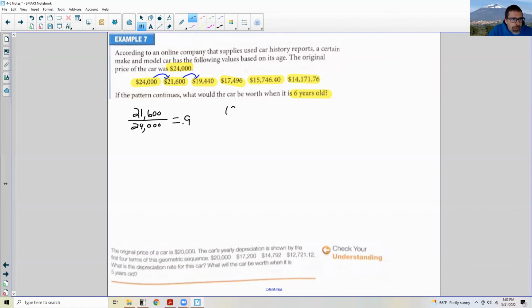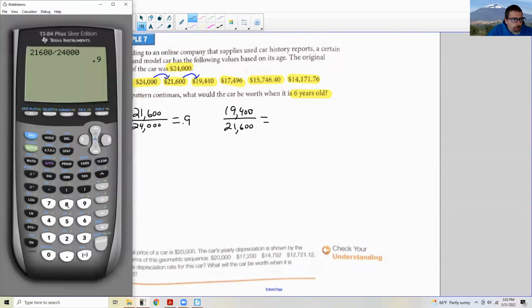If I take 19,400 and divide it by 21,600, enter, I get approximately 0.9.